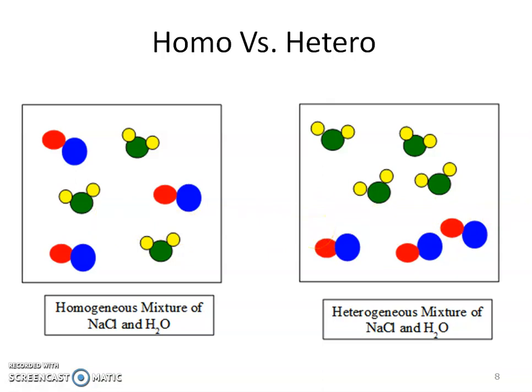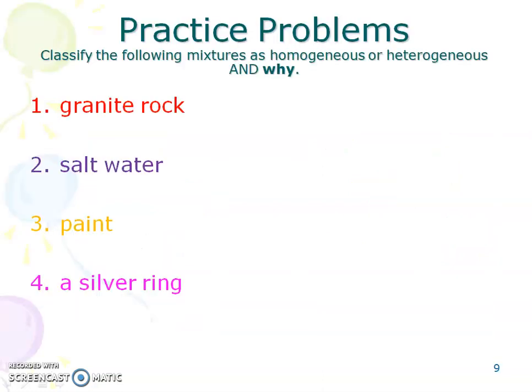And when you have a supersaturated solution, that means some of the salt is going to kind of lie on the bottom. It's not going to be able to dissolve. And that way you would have a heterogeneous mixture because you would have your salt water on the top, but then you would have salt kind of laying on the bottom. And so then that mixture would be considered heterogeneous because the components throughout are not the same.